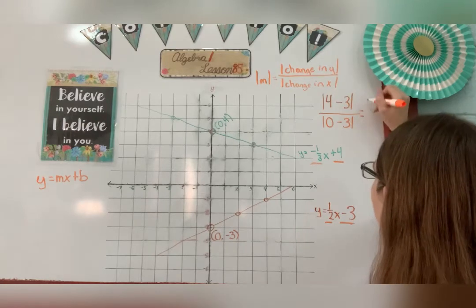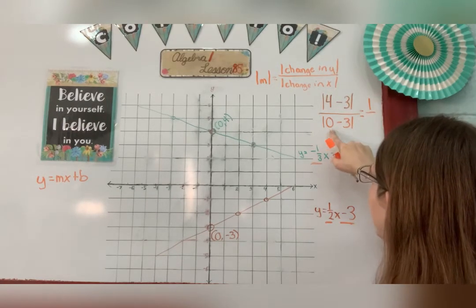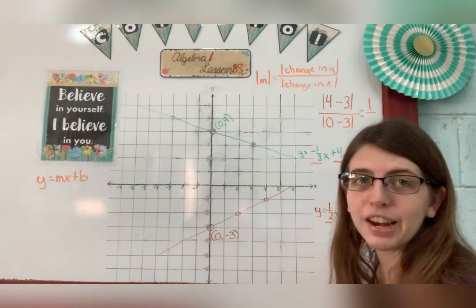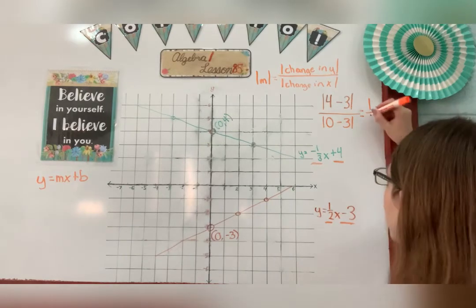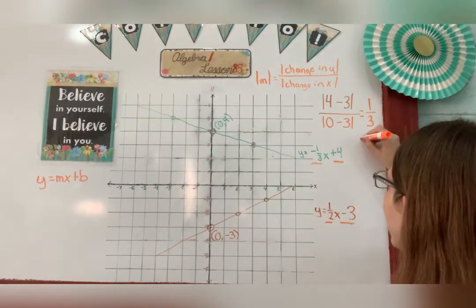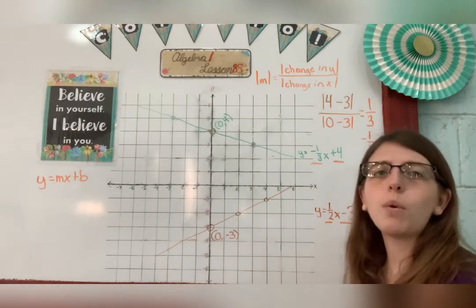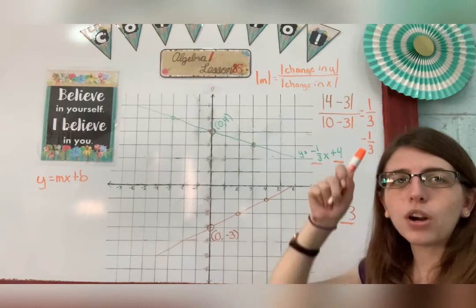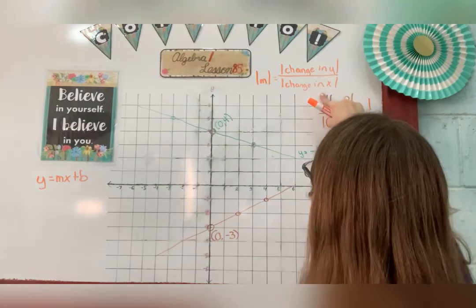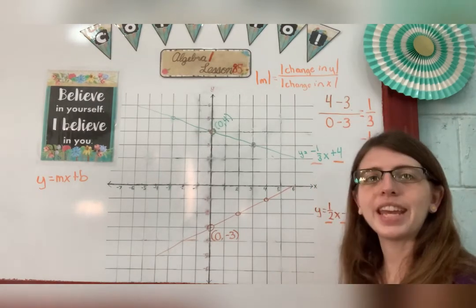And that equals, 4 minus 3 is 1, its absolute value is 1. 0 minus 3 is negative 3, and its absolute value would just be 3. And we see, since we're going down, it is a negative 1/3. So when we are finding the slope, we don't have to worry about using the absolute value. We just find the slope by finding the change in y over the change in x.